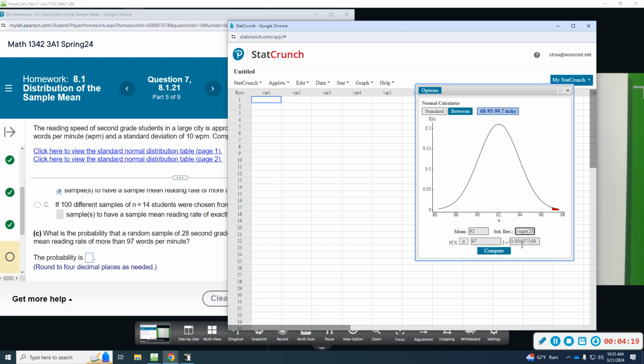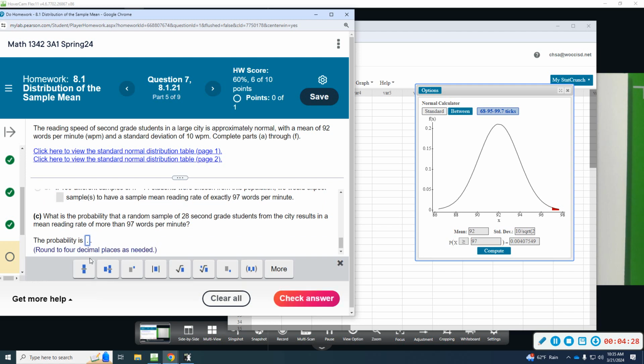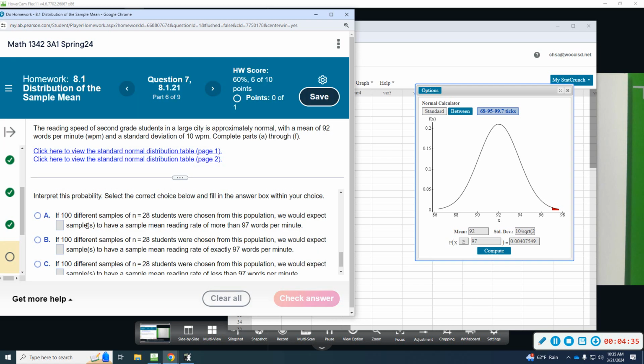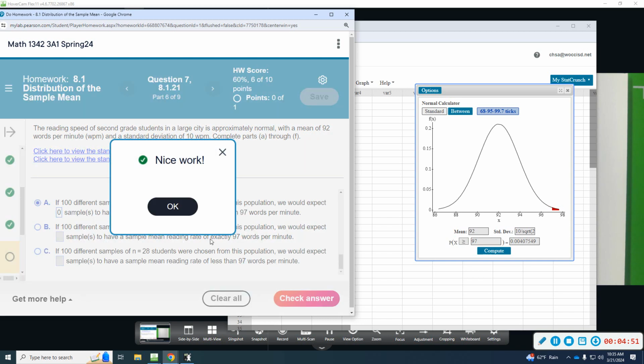And then my probability goes smaller, so 0.0041 when rounded. If we did this times 100, that would not round up to a whole number, so that would just be 0 would read more than 97. So for C, looking at 0, reading more.